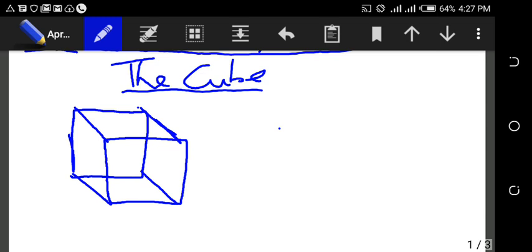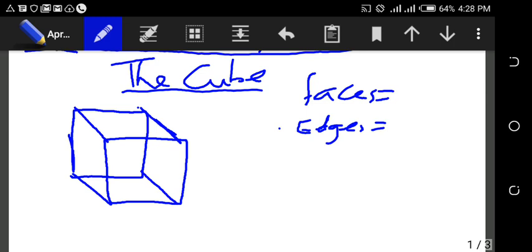So we want to study the cube, and we're going to consider the cube under the following topics. We want to find out the number of faces it has, the number of edges it has, the vertices, the volume, let me use V for that, the formula for the volume of a cube.